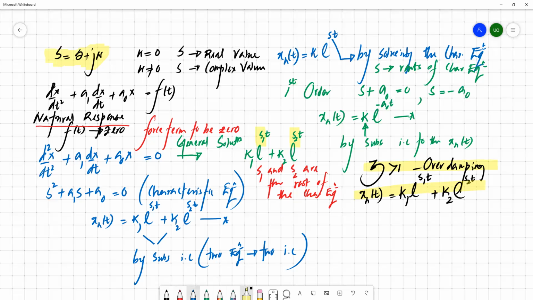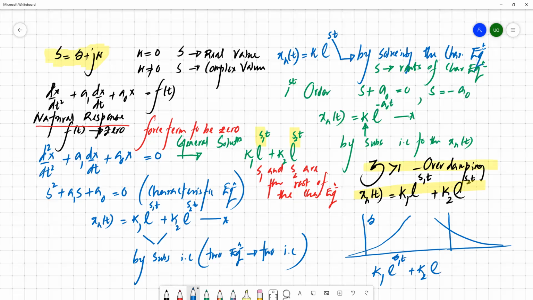If you plot these two, it may be either like this or like this. In this case, s1 and s2 are real, so this would be k1 e to the power sigma1 t plus k2 e to the power sigma2 t. In this case sigma is greater than 0, and in this case sigma is less than 0.